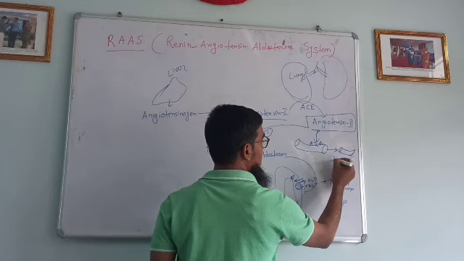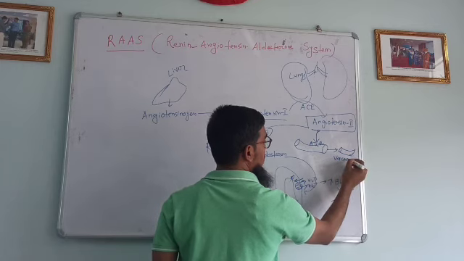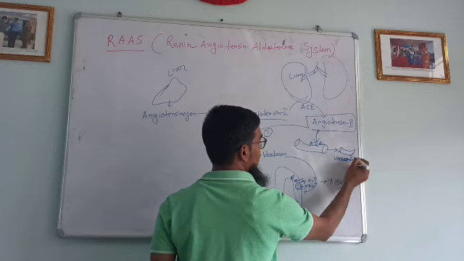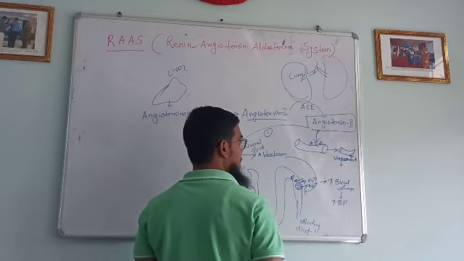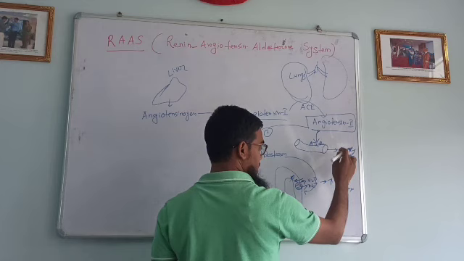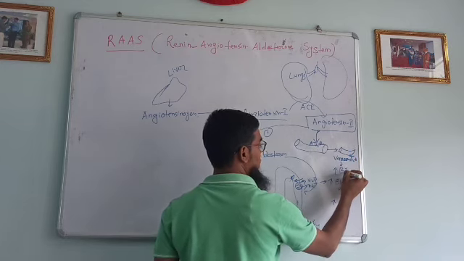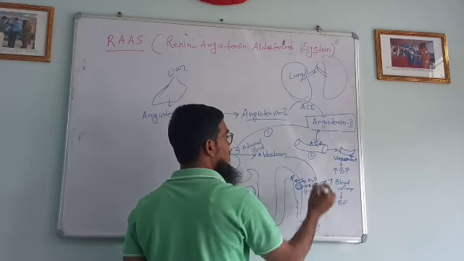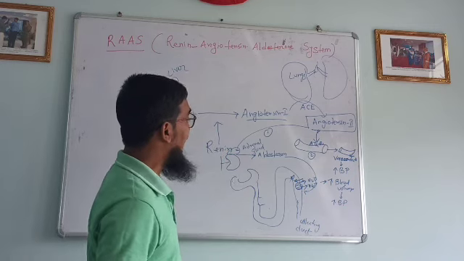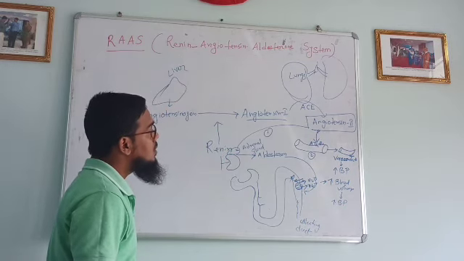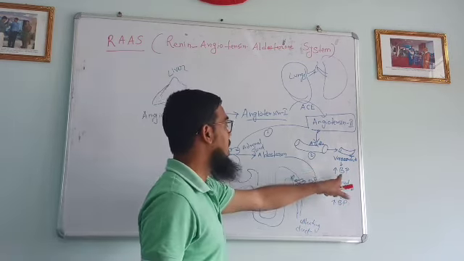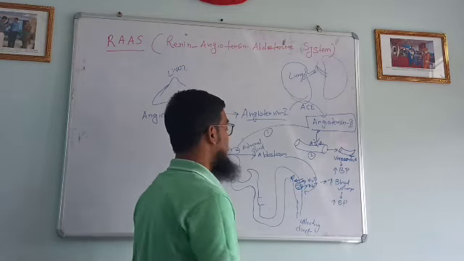The diameter is decreased, so due to this vasoconstriction, blood pressure is increased. So this is the second mechanism by which angiotensin 2 works and increases blood pressure.